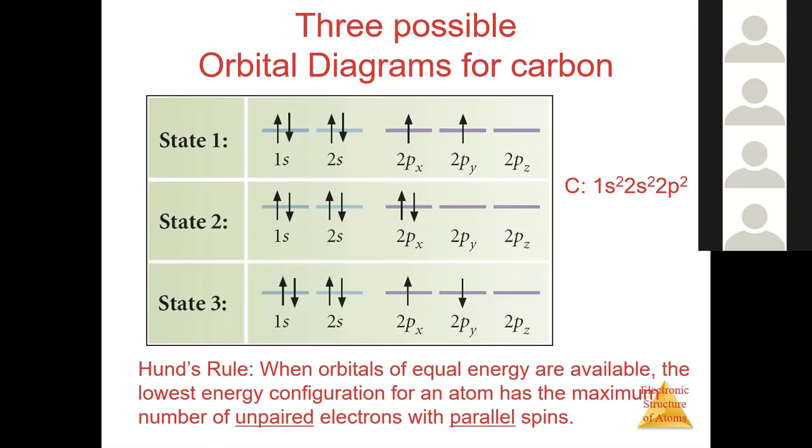I go to nitrogen. How is nitrogen's orbital diagram going to look? Blake, where's the next electron go? For nitrogen? For nitrogen. Let me pull up that periodic table here. Don't look at that. Look at this.